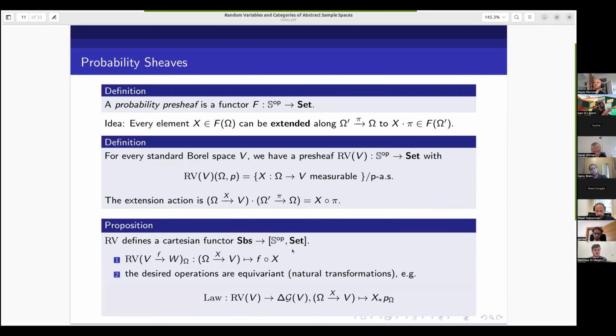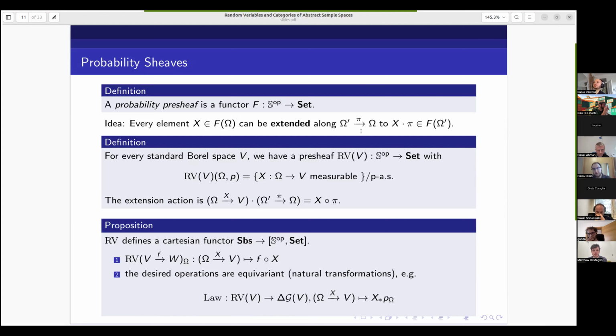So we can think of them as projections. Now what we want to do is take first pre-sheaves on this category of sample spaces. So a probability pre-sheaf is this. It's a contravariant functor on sample spaces to sets. So what is the idea? These elements of the pre-sheaf are now some sort of object that varies with the sample space, defined over all the different sample spaces.